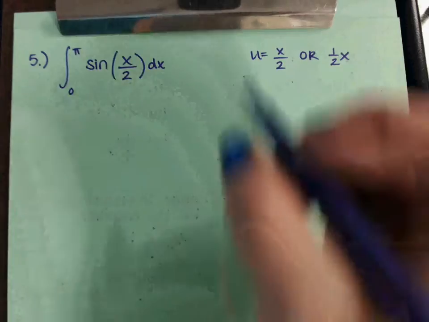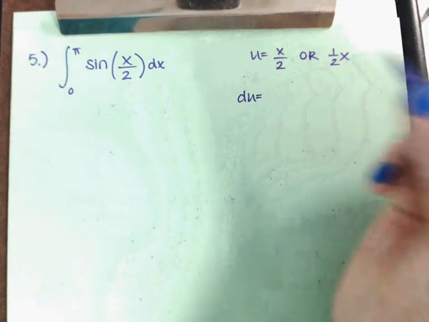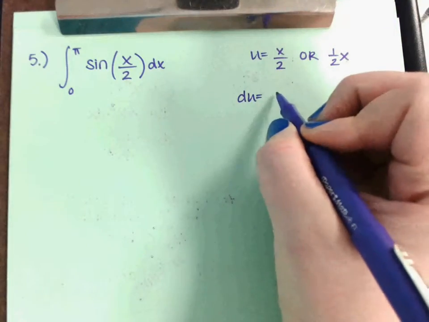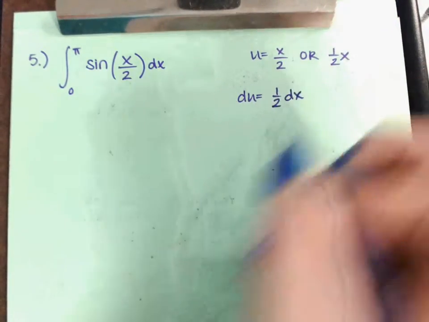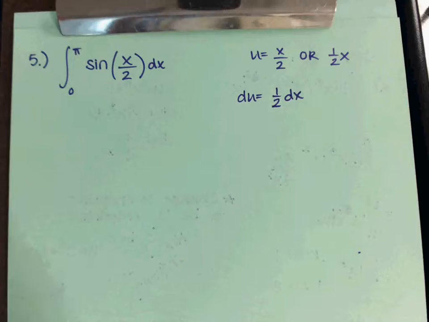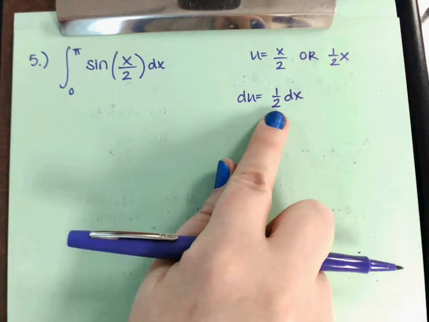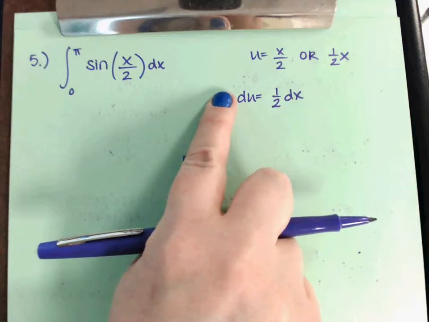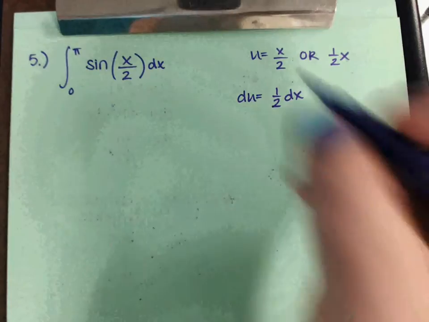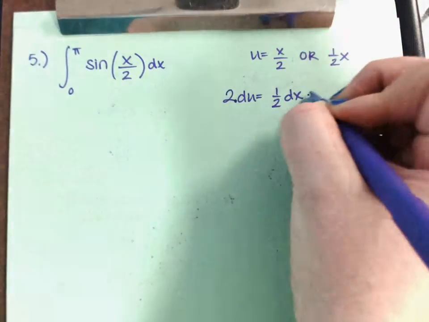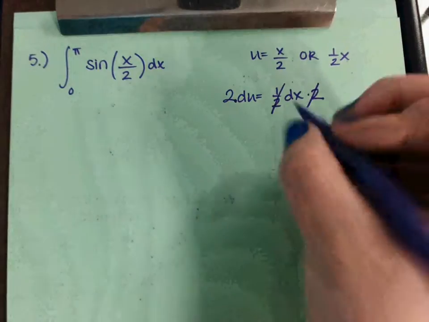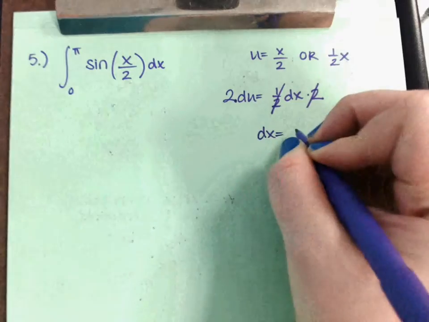So my du is the derivative of 1/2 x, which is just going to be a 1/2 dx, right? Now remember, if it's a fraction on this side, then when I take the divide by 2 to the other side, it'll be a multiply by 2. So I'm going to put a times 2 here, times 2 here. These guys cross out. So my dx is going to be a 2 du.